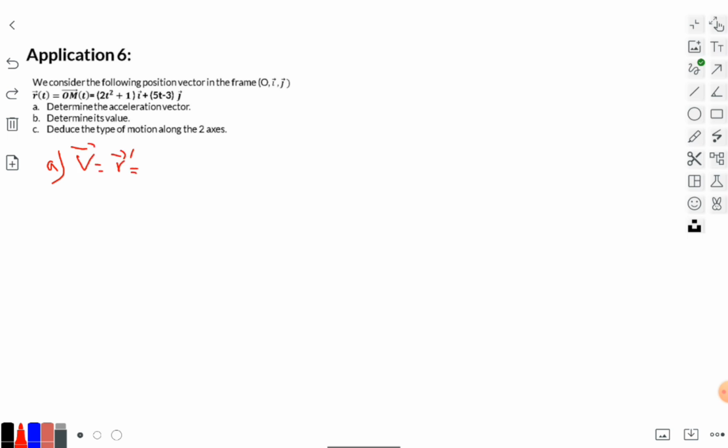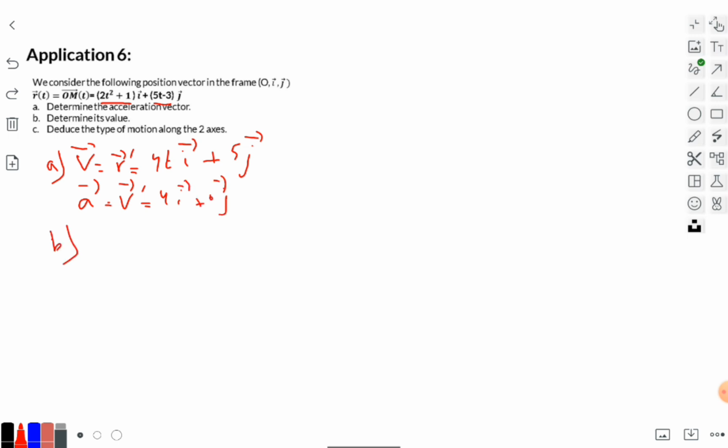So the derivative of 2t squared plus 1 is equal to 4t i, plus the derivative of 5t minus 3, which is equal to 5 j. So this is the velocity vector. The acceleration vector, a vector, is equal to the derivative of the v vector. So the derivative of v vector is 4i plus 0j.